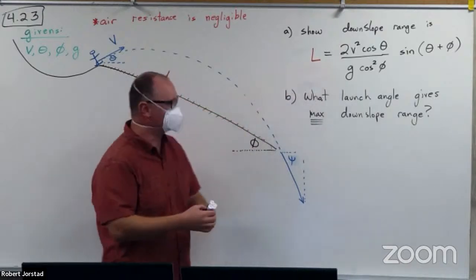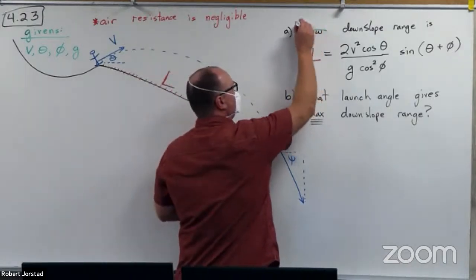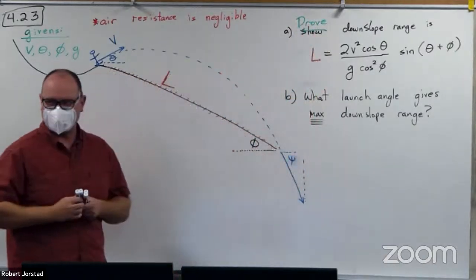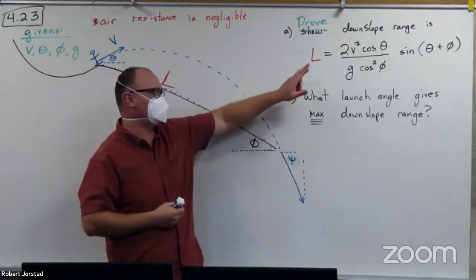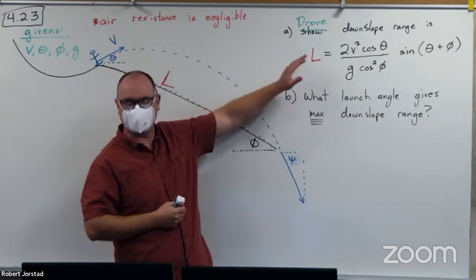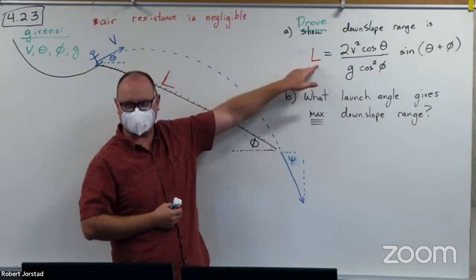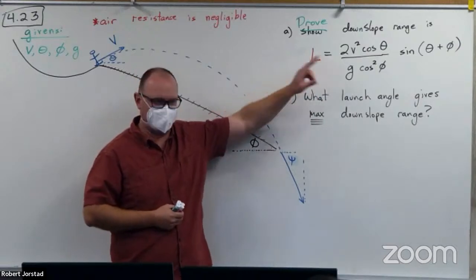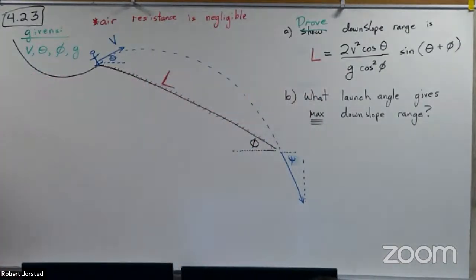What a physicist means when they say that basically means prove that that's true. So they're essentially telling you, I suspect you're going to get this answer. I'm solving for L. Show that when you do your normal work, you get this answer. So don't start here, end there. Is that okay? Okay. Now somebody said, what can I do? First thing.